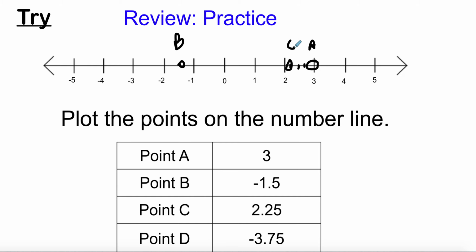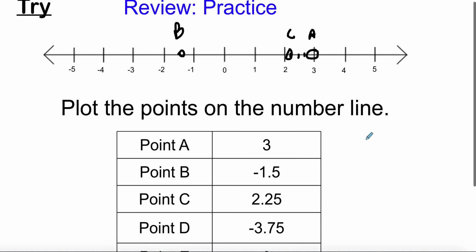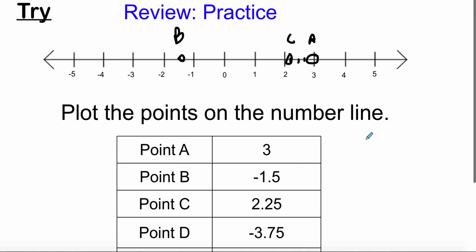Point C. And point D, -3.75. Let's move to the left of the number line. So it's going to be somewhere between -3 and -4. But again, let's use the same strategy. Put this in the middle, cut this in half and another half here and another half here.